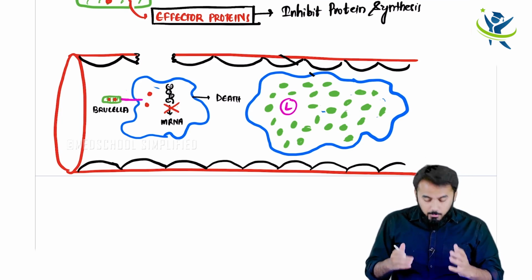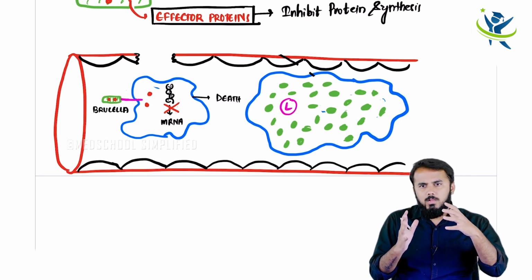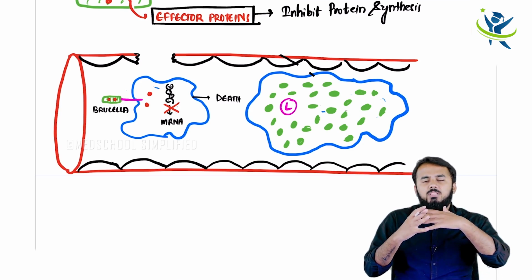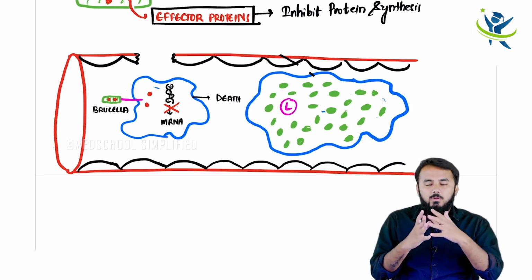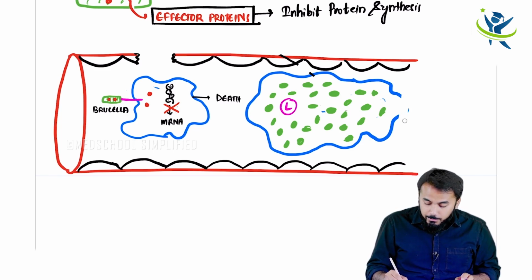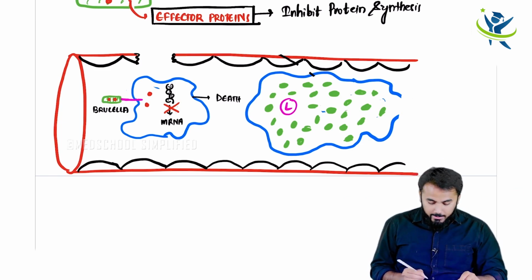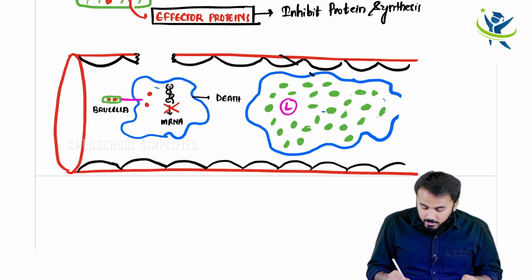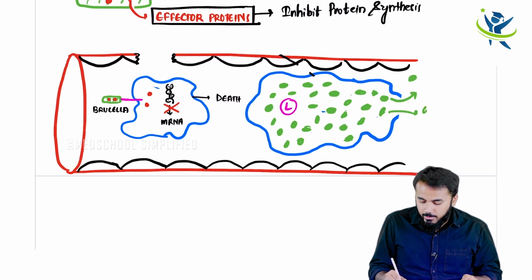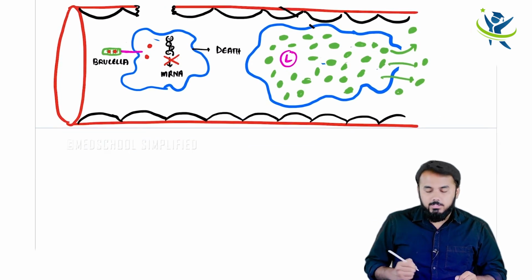When it cannot divide more, the macrophage will bulge out, and finally the macrophage is broken like this. The macrophage tears out. There is a burst of the macrophage. So when the macrophage bursts out, all the bacteria is released into the blood.